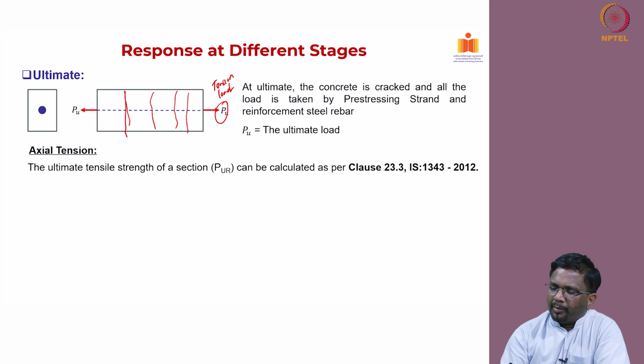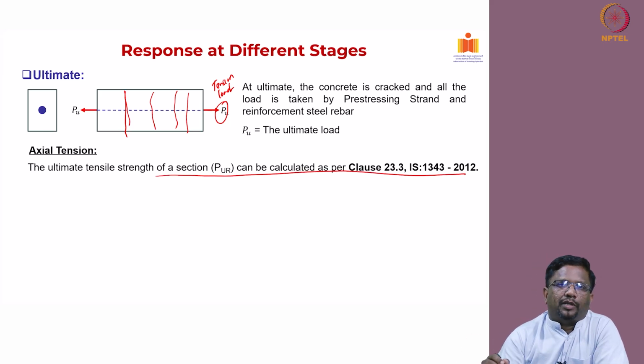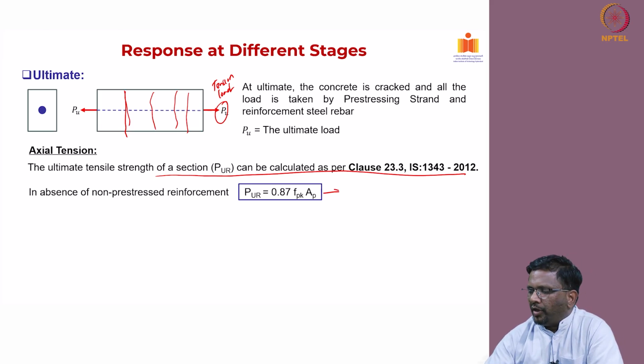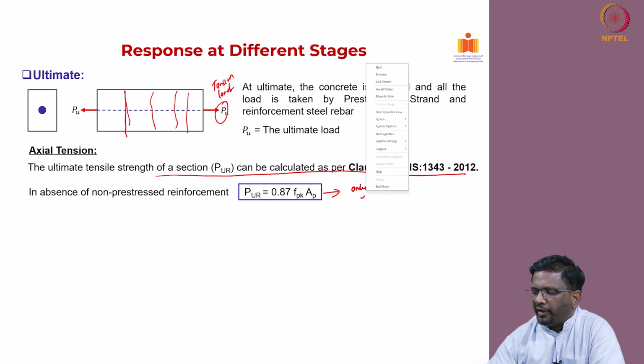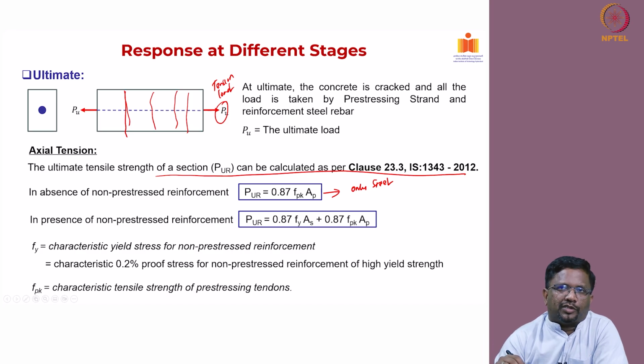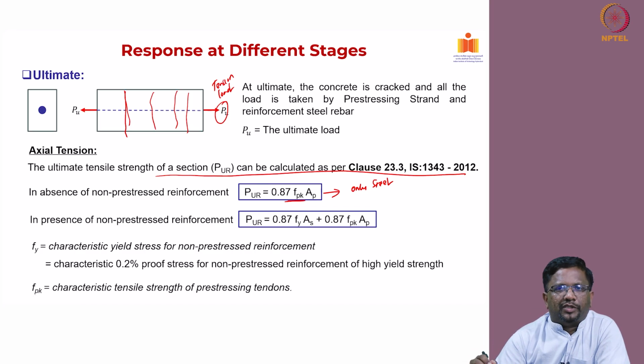So, the ultimate tensile strength PUR can be calculated as per clause 23.3 given in IS 1343, which says that you need to take only steel, because the concrete has already cracked, right. So, we need to take only steel contributions in the ultimate strength calculations, and we know that the maximum stress taken is FPK, which is the characteristic strength of the pre-stressing steel.